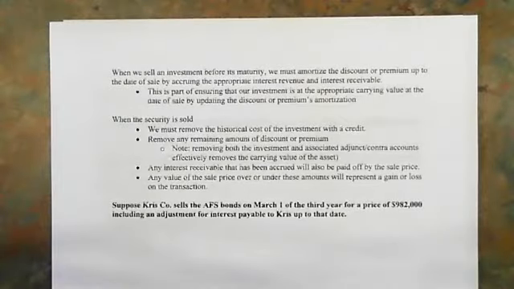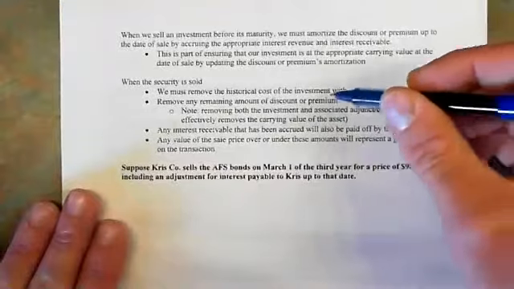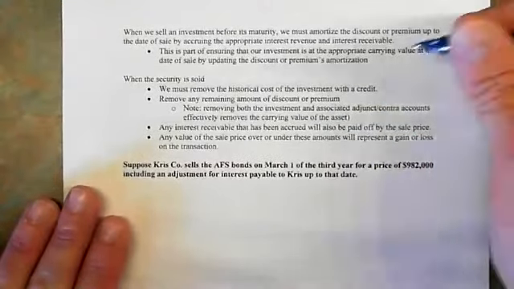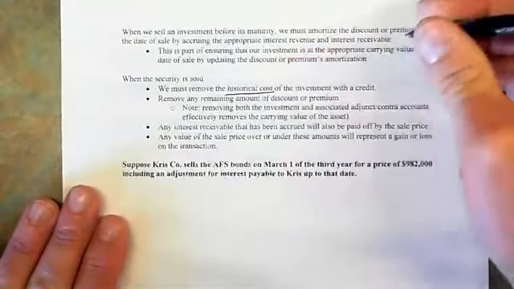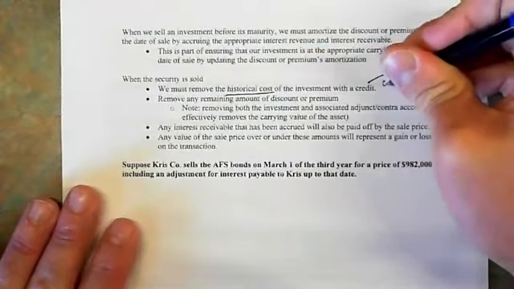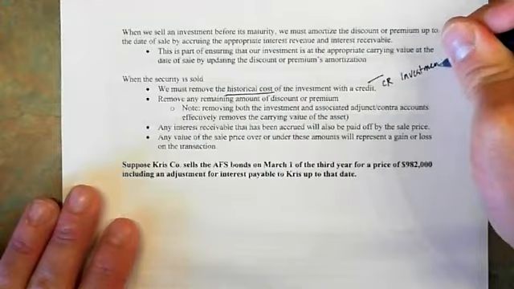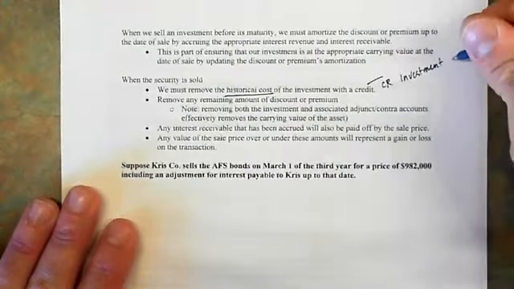There it goes. Whenever we do this, we're going to have a few things that we want to remove from the books. When a security is sold, we want to remove the historical cost of the investment with a credit. So the historical cost goes out, which means that in these transactions we are going to credit the investment account at face value.